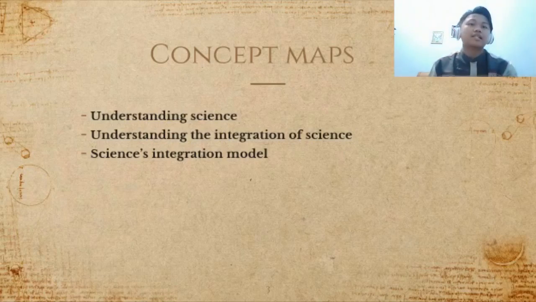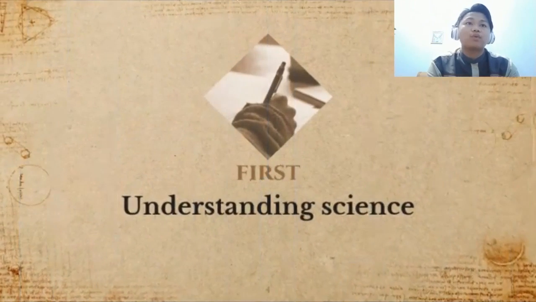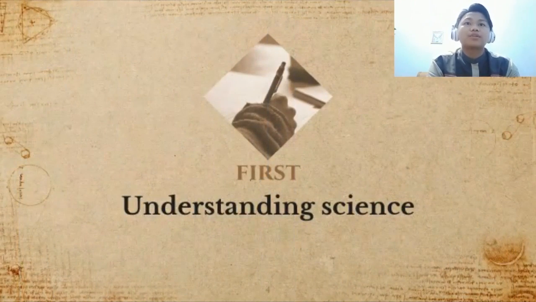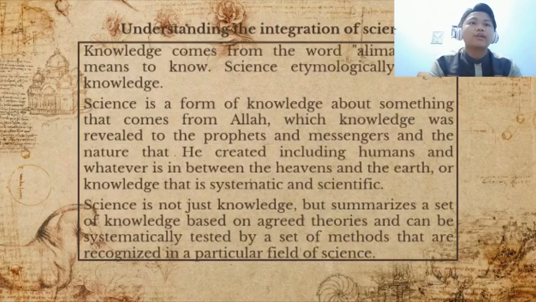Okay, the first is understanding science. Knowledge comes from the word alima, which means to know. Science etymologically means knowledge. Science is a form of knowledge about something that comes from Allah, which was revealed to the prophets and messengers, and about the nature that He created, including humans and whatever is between the heaven and the earth, or knowledge that is systematic and scientific.